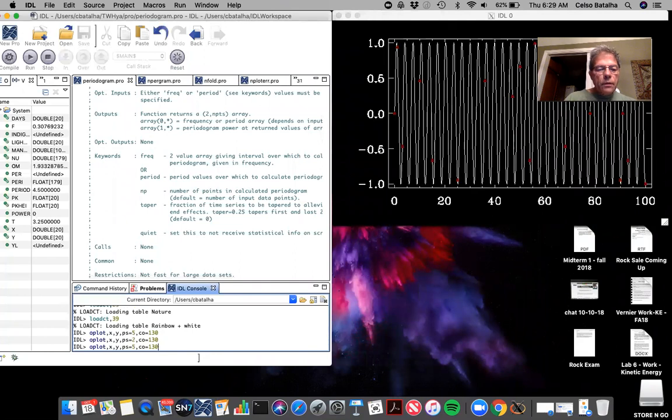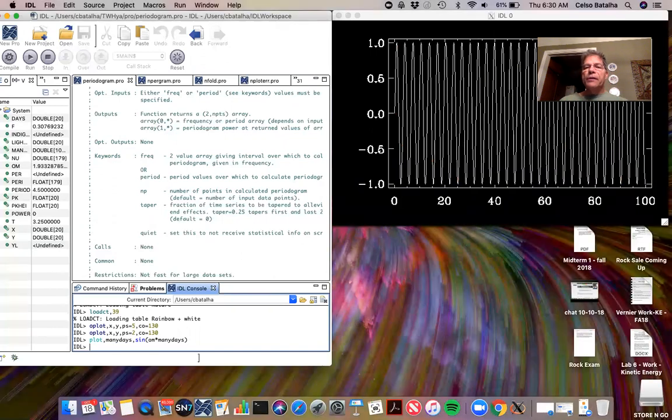So what we did was, for instance, if we had perfect observations of this perfect star that varies itself in a very consistent way with a period of 3.25.